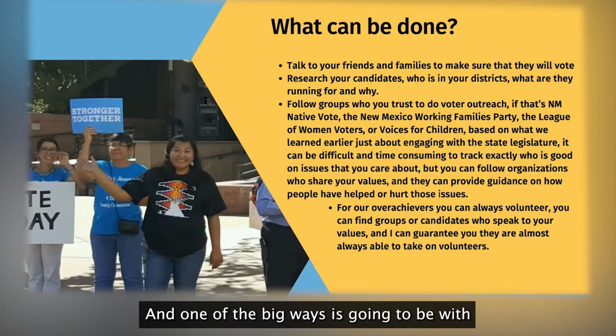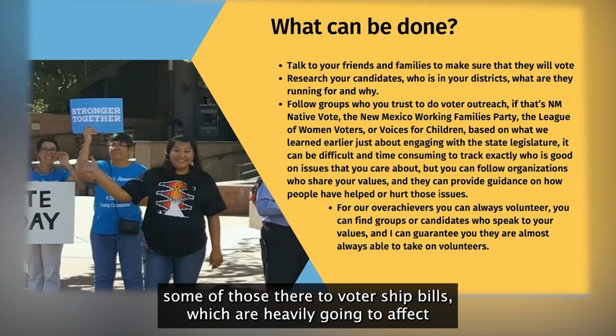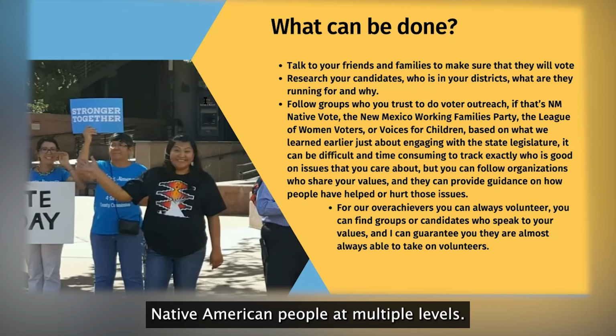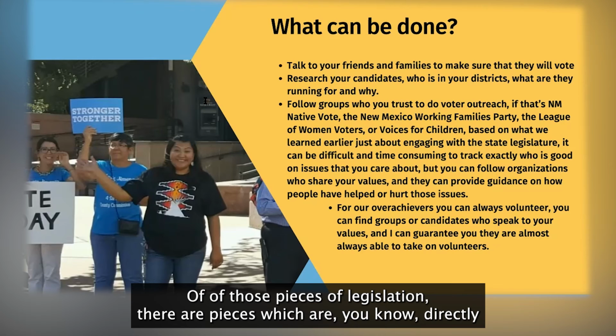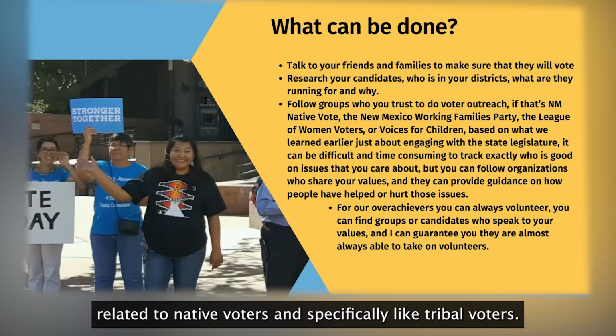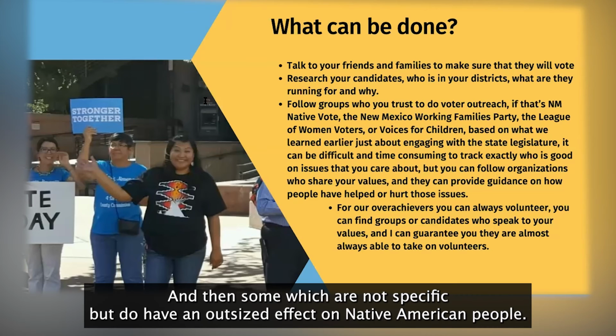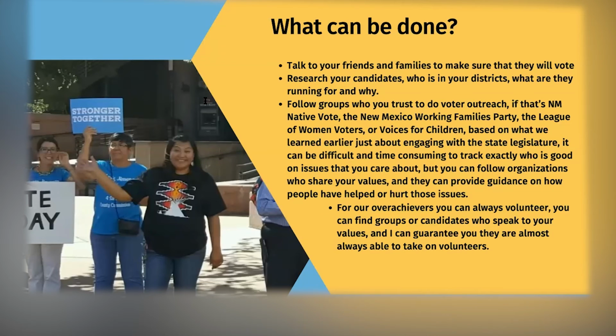One of the big ways is going to be with some of those voting rights bills, which are heavily going to affect Native American people at multiple levels. There are pieces which are directly related to Native voters and specifically tribal voters, and then some which are not specific, but do have an outsized effect on Native American people.